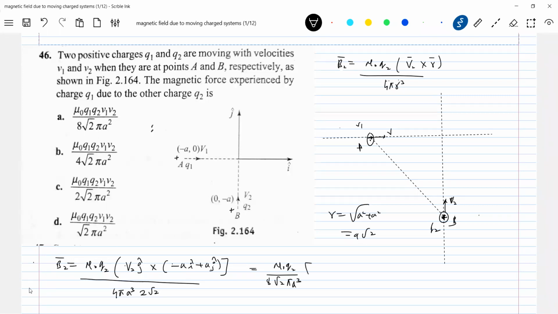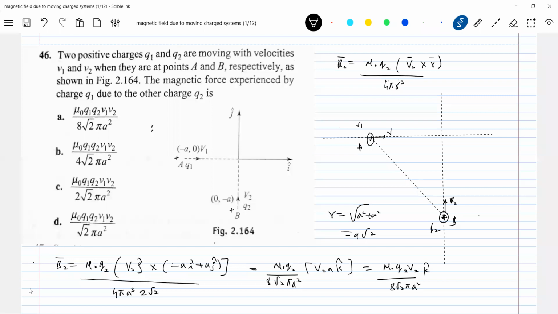So this will be V2 A k cap, since j cross j will be 0. Okay, this is the value of the magnetic field: mu naught Q2 V2 by 8 root 2 pi A square.